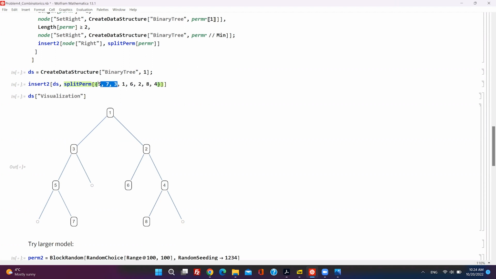For example, 5, 7, 3. The least item is 3. Okay, you make it a tree, and you make it a root for the subtree, and you do that for 5, 7 again. On the right-hand side, 2 is the least one. So think about 2 being somewhere on the elbow. You chop off a limb, you attach the elbow to your joint. So 2 is on the elbow.